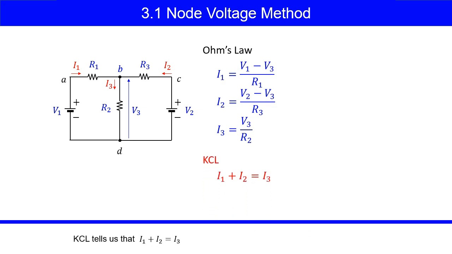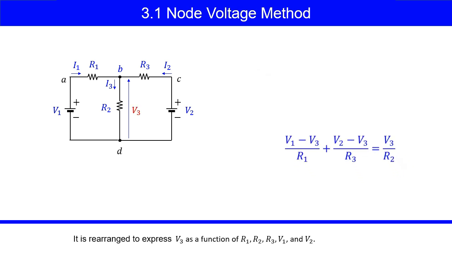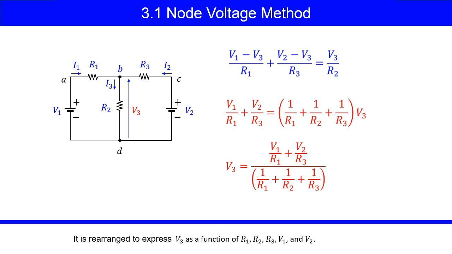And, KCL tells us that I1 plus I2 equals I3. By substituting I1, 2, and 3 with the top three equations, the relationship between R1, 2, and 3, and V1, 2, and 3 is obtained. It is rearranged to express V3 as a function of R1, 2, 3, V1, and V2.